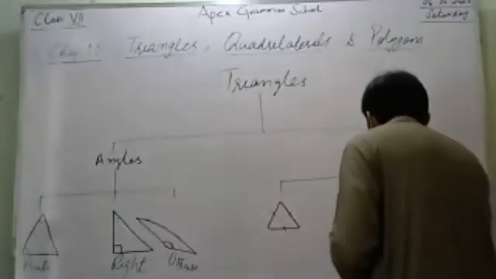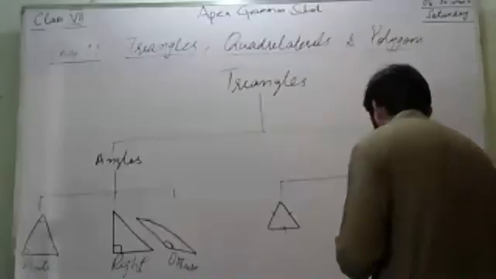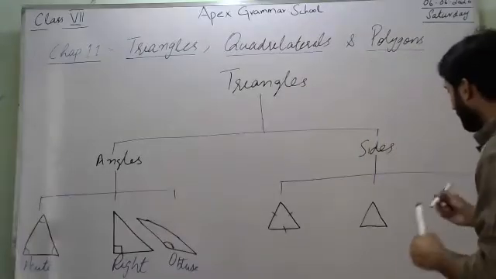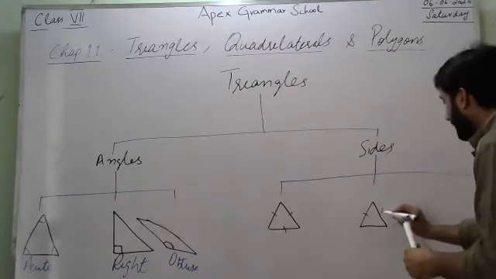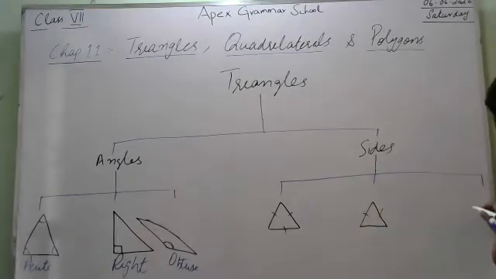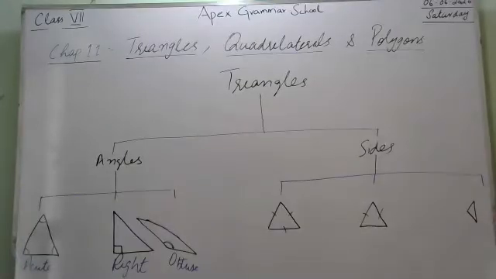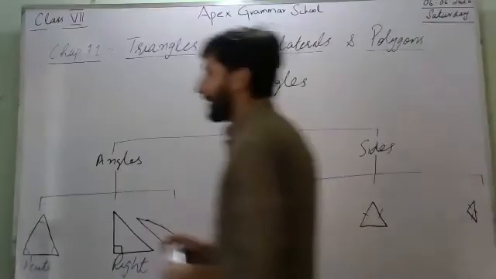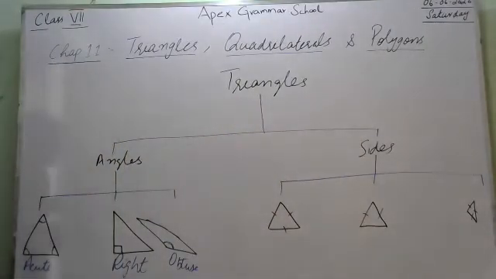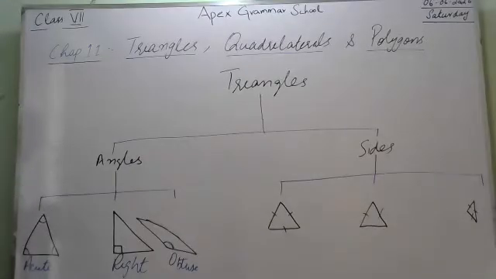Now isosceles, having two equal sides, and scalene, in which all sides are unequal. This is the graphical description and difference between the shapes of all types of triangles on the basis of their angles and sides.